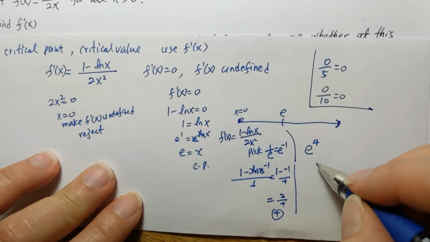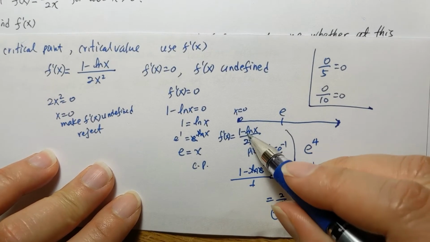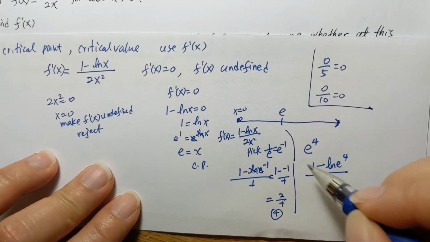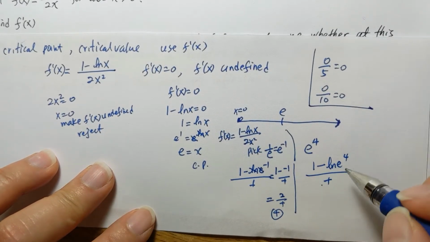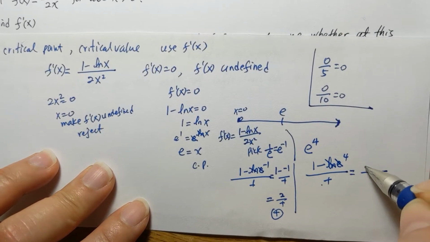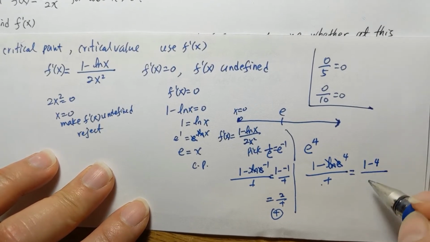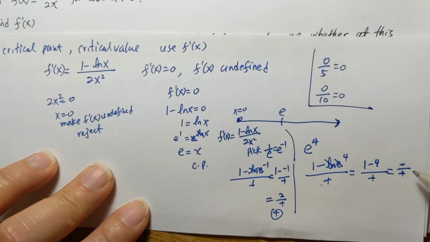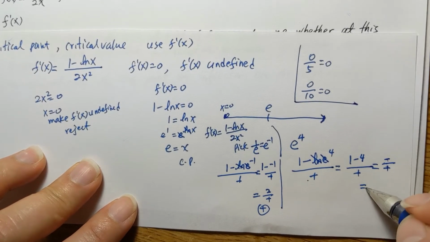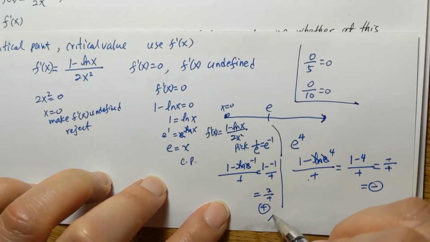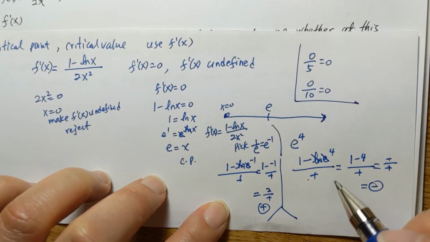Now on this one, you're going to do 1 minus ln e to the 4th power over positive, because 2 is positive and x squared is positive. Then you cancel the ln and e, so it becomes 1 minus 4 over positive. 1 minus 4 is negative, so negative over positive, you get negative. That means you're going to get a local max.